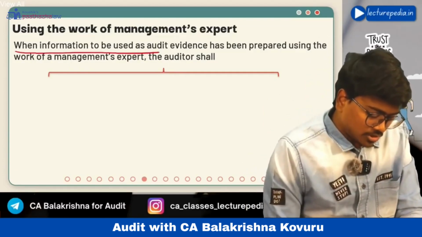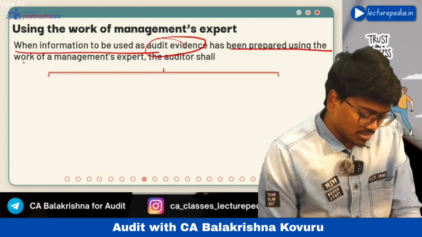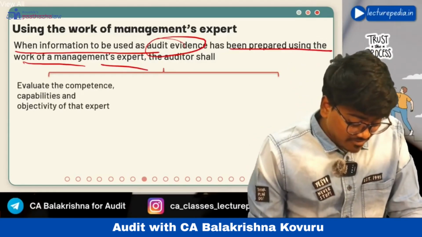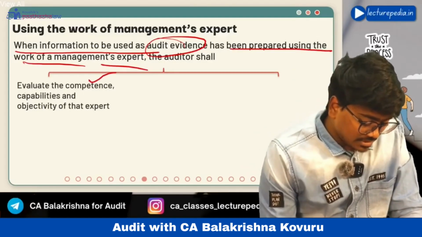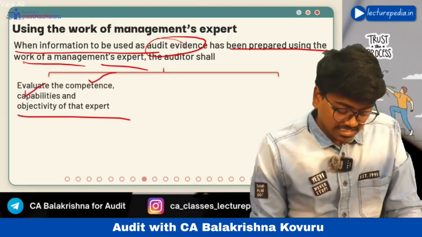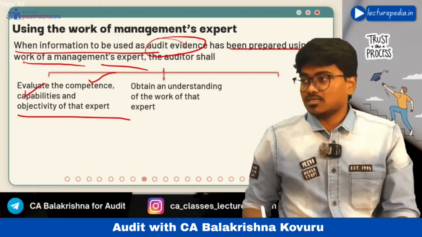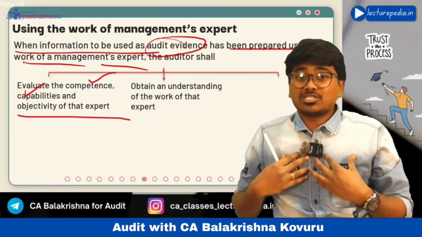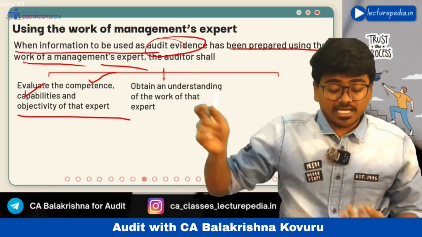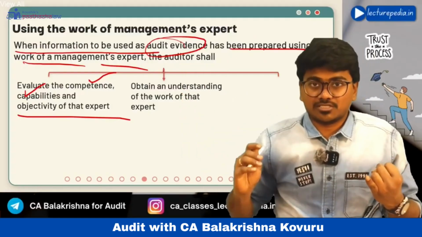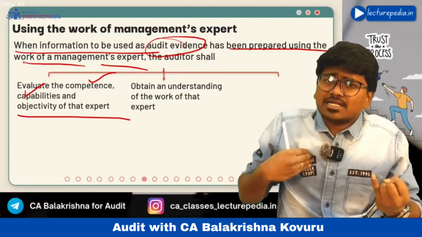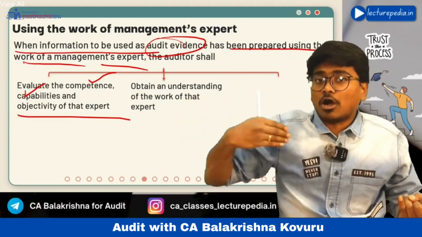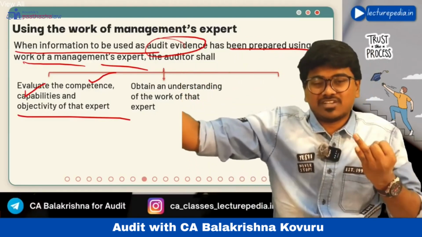When information to be used as audit evidence has been prepared using the work of a management's expert, then the auditor has to evaluate the competence, capability and objectivity of that expert. That means that expert whom the management has hired, the auditor has to evaluate his capability, like what are his qualifications. If the auditor has previous experience with that expert, then the auditor will come to know the capability of that expert.